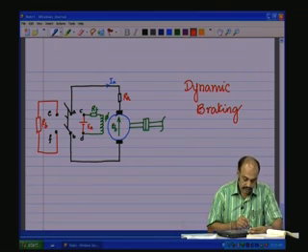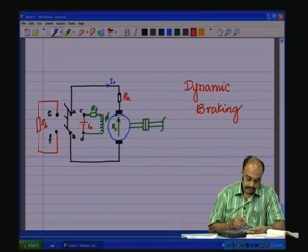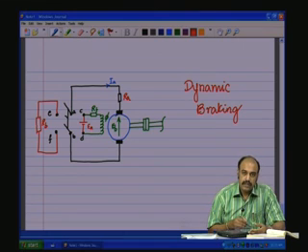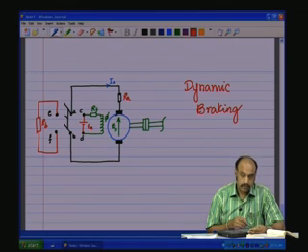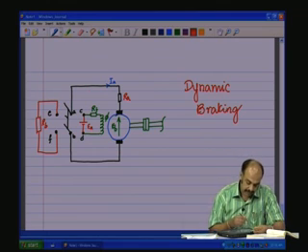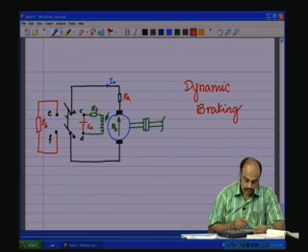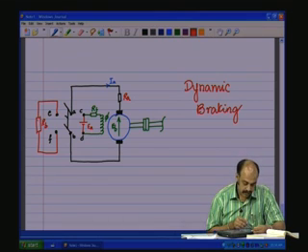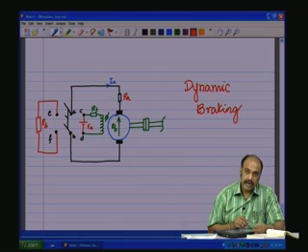The value of RB here is chosen equal to that for the rated current, or sometimes even for twice the rated current, depending upon how quick you want the braking effect to be. If it is twice the rated, RB is chosen as EB by 2IA, so that it can handle twice the rated current for that same EB produced at that particular speed.